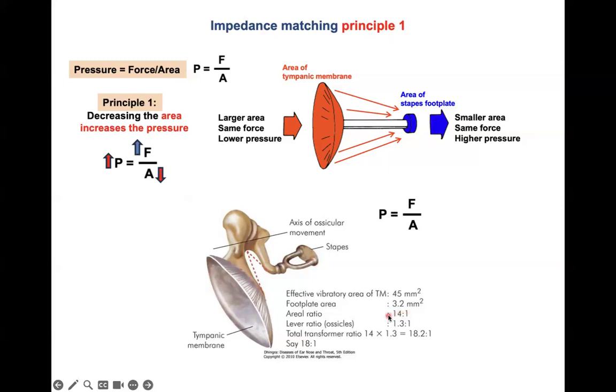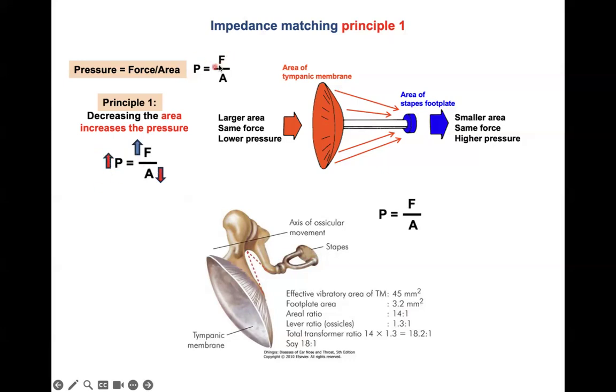Now, this information may vary in different textbooks. It is somewhere between 14 to 20-fold, the ratio of the areas, which means that the area in the stapes is reduced about 14 to 20-fold. So we reduce the area 14 to 20-fold, thereby increasing the pressure 14 to 20-fold.